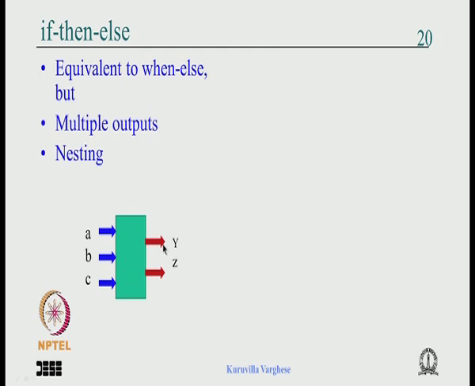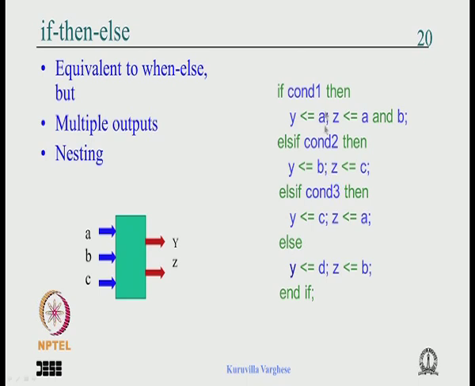So this is what I am going to show. You have, say, Y and Z outputs and 3 inputs A, B, C, all let's say multi-bit. Now you can write, say, if condition 1, then Y gets A, Z gets A and B, else if condition 2, Y gets B, Z gets C, else if condition 3, then Y gets C, Z gets A, else Y gets D, Z gets B, and so on.